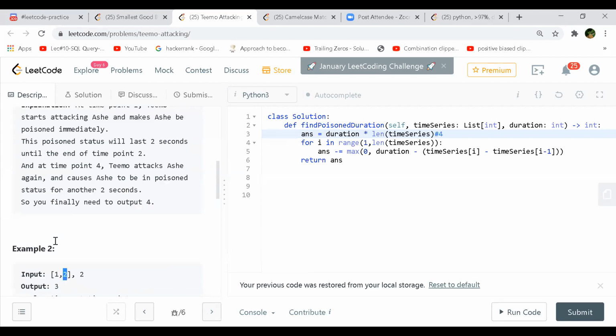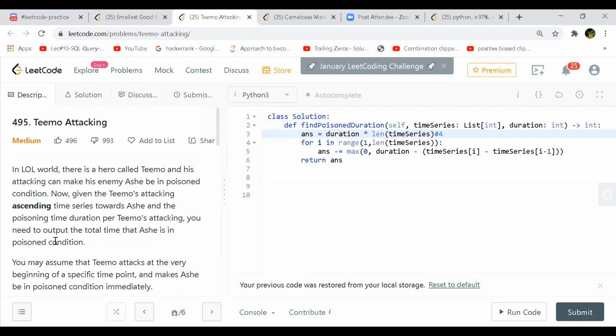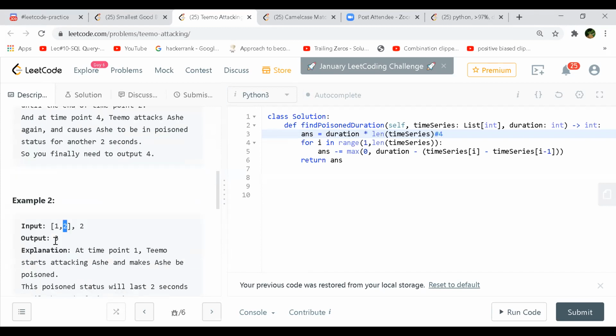It's a time, so it will always go ascending. So the overlap, the way he's saying, will occur if the difference between the two numbers is lesser than the duration, right? Only then there will be overlap.